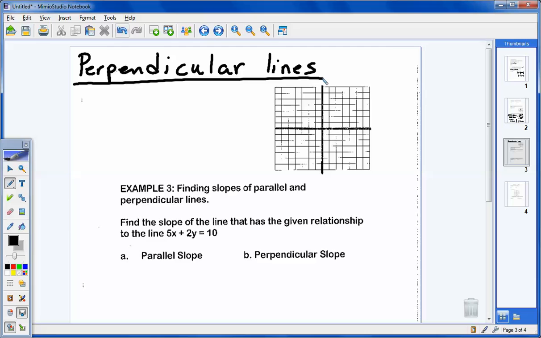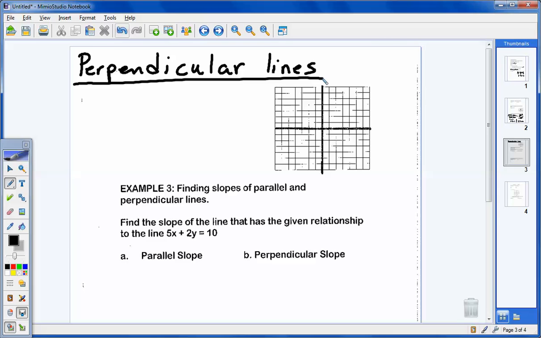Hello. All right. Here's the characteristic about perpendicular lines. First of all, what does it mean to be perpendicular? What if I told you that the floor and the wall, if the carpenter built the room correctly, are perpendicular to each other? Here's the wall, right up front. Here's the floor, right down at the bottom.